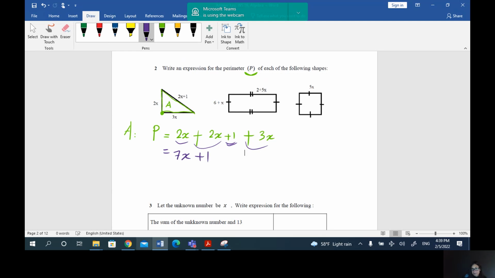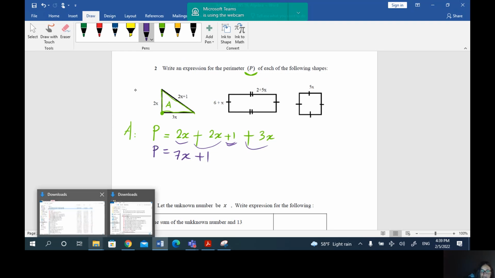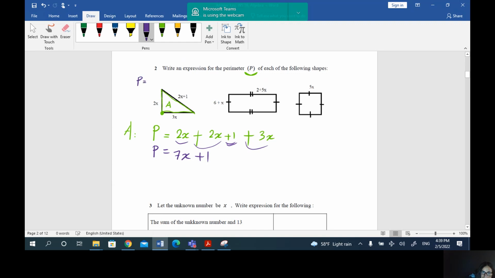And this will be the expression of the perimeter in its simplest form for A. Okay, so P for A is 7x plus 1.